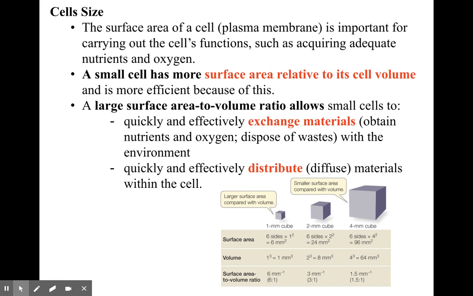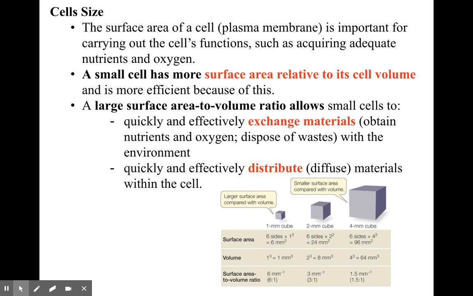A large surface area to volume ratio allows small cells to quickly and effectively exchange materials, obtain nutrients and oxygen, get rid of waste with their environment, and also quickly and effectively distribute materials within the cell.